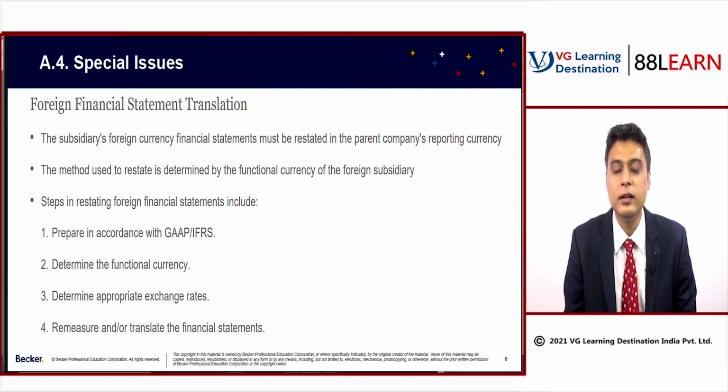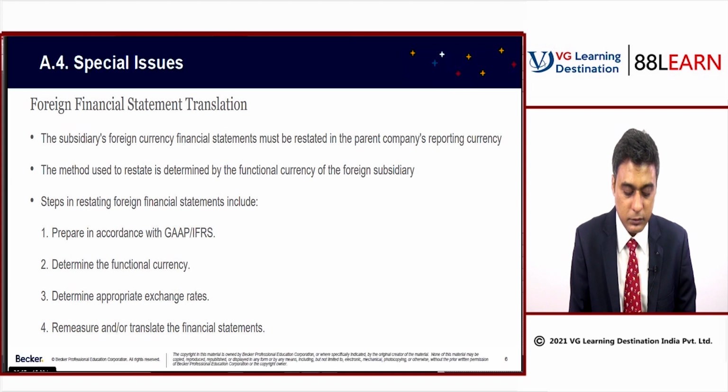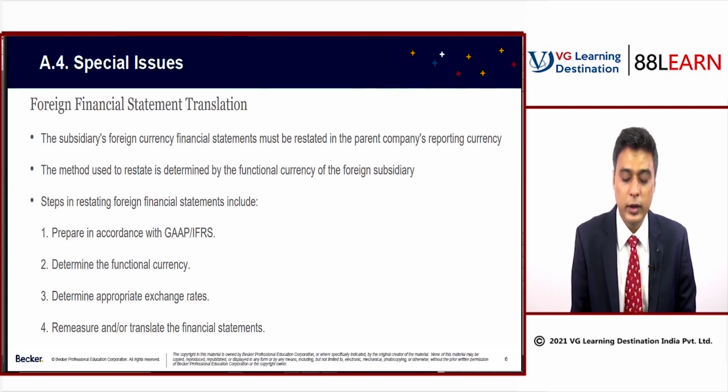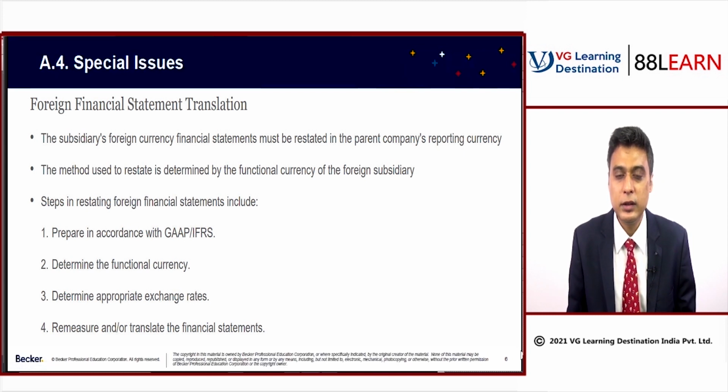Do we have to segregate them in some other way, like monetary assets and non-monetary assets? So determine the appropriate exchange rates. And finally, step 4 is remeasure the financial statements and/or translate the financial statements. Okay. Now let's see what the rules are under remeasurement and translation respectively.